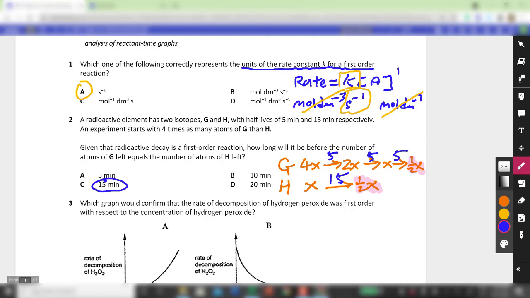But the problem is, after 10 minutes, H will have decayed somewhere between 100% and 50%, maybe two-thirds of the way. So it shouldn't be looked at as though when 15 minutes is up, then suddenly x becomes 2x. It should be viewed as a consecutive process, otherwise known as an exponential decay.